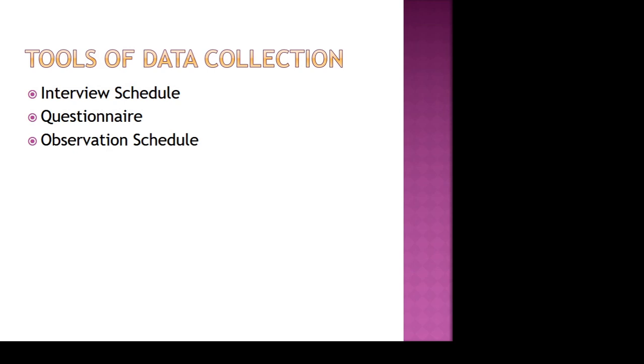A tool of data collection could also refer to a simple printout with which we can go ahead with the data collection. Now there are three tools of data collection which are under primary methods again. Interview schedule, questionnaire, and observation schedule. So these are the tools that we will be using for the collection of data from source.